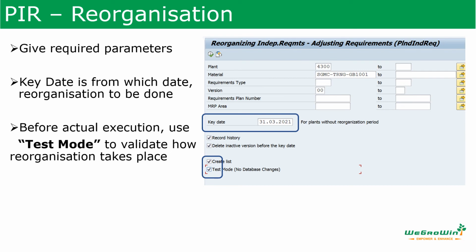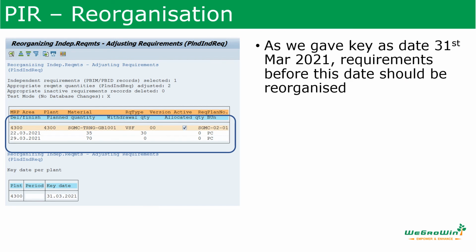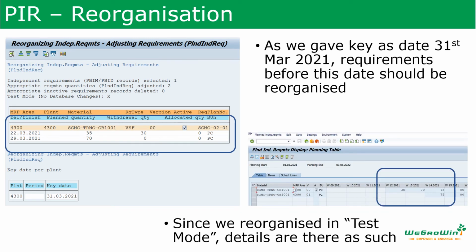Now after running this, what do we expect? As we gave the key date as 31st March, the requirements before this should be reorganized. So you see here it is showing 22nd March 35 numbers and 29th March 70 numbers, made as 0. And when we visit the demand plan, MD63, the plan is still there. Why? Because we ran the program in test mode. That is why the details are still there.